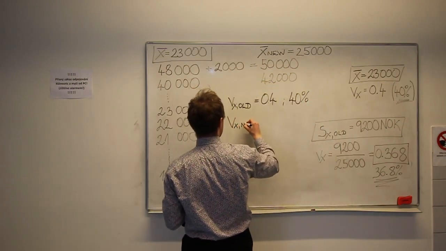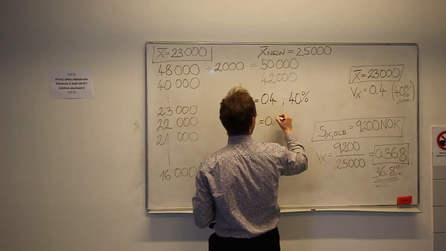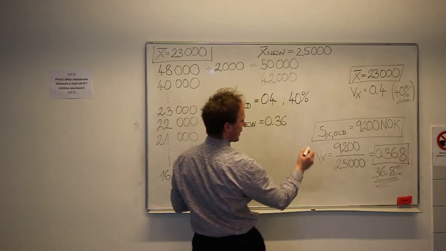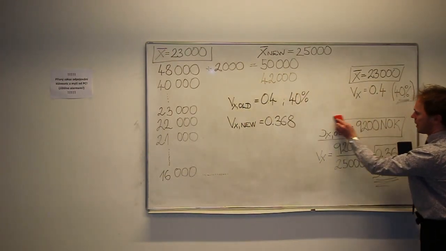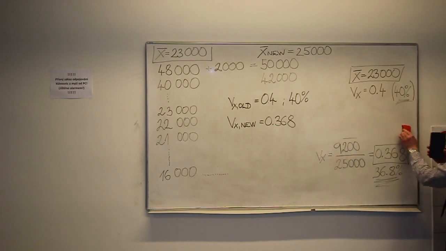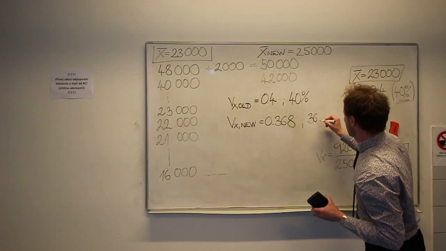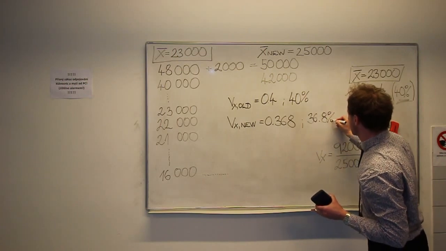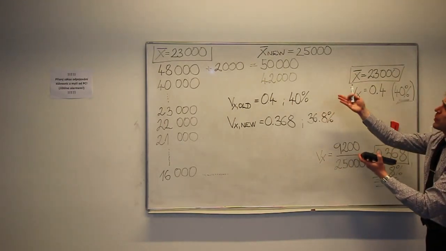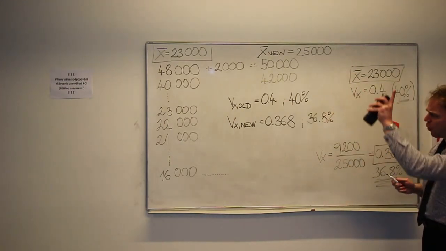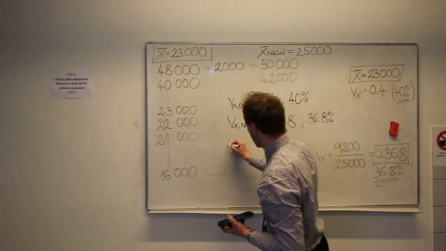The variation coefficient new is equal to 0.368, and this can be interpreted in percent as 36.8%. Yes, and the question is about the interpretation of this decrease. One option is to calculate the difference.